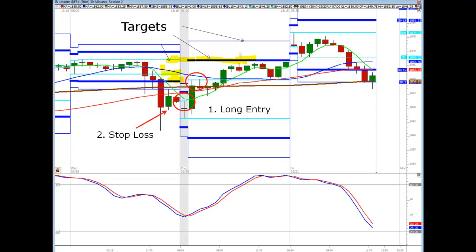And this is why, as I mentioned before, I usually will recommend taking your profits 1 or 2 ticks below the actual target level to ensure a fill, and then at the same time, just in case something like this happens, you're able to capture your profit pretty close to your target.